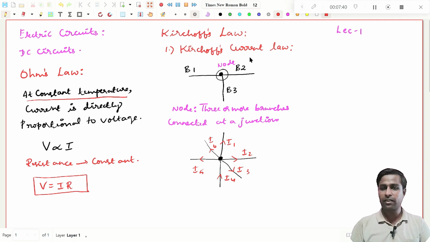And what is Kirchoff's law explaining to us? I'm just writing this, then I will tell you the exact expression for this.